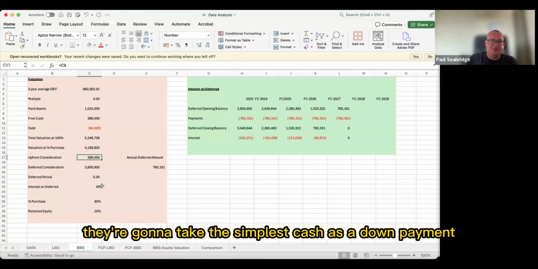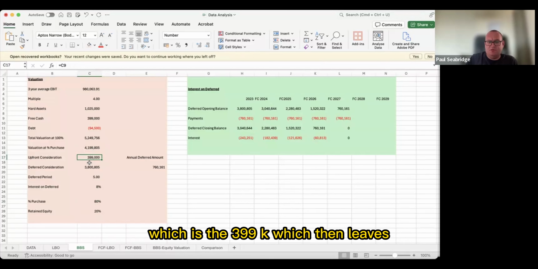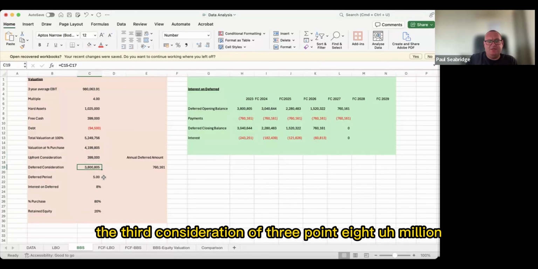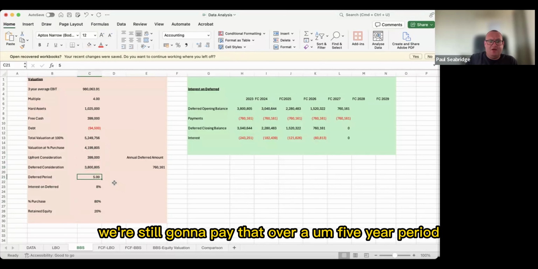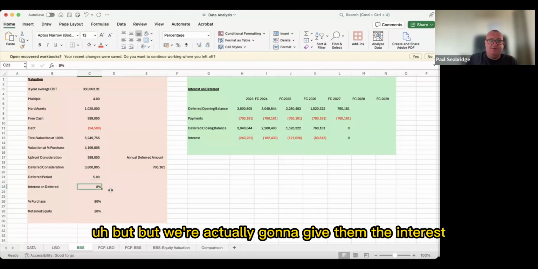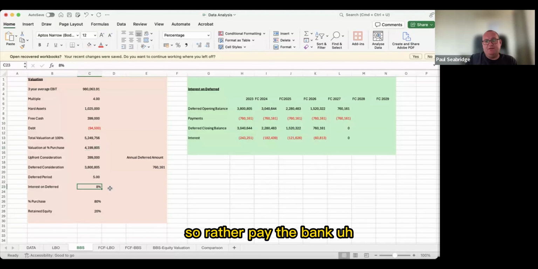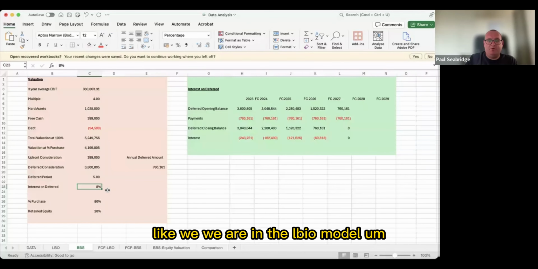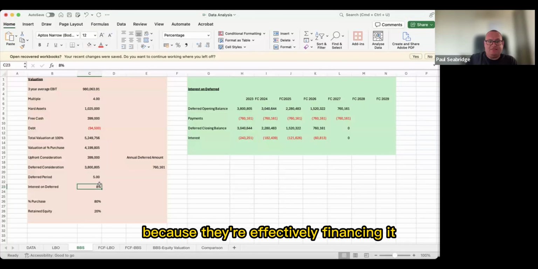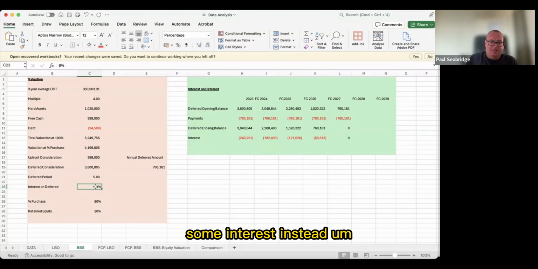At closing, they're going to take the surplus cash as the down payment, which is the 399k, which then leaves deferred consideration of 3.8 million. We're still going to pay that over a 5-year period, but we're actually going to give them the interest. So rather than pay the bank like we are in the LBO model, because they're effectively financing it, we're going to pay them some interest instead at 8%.